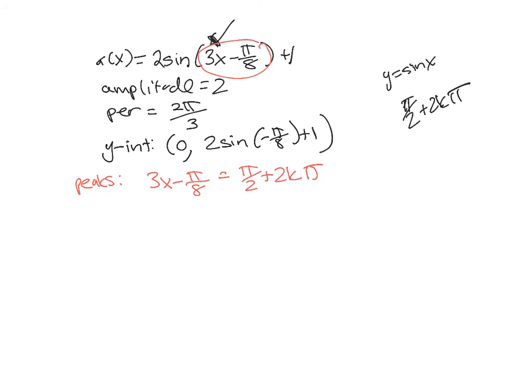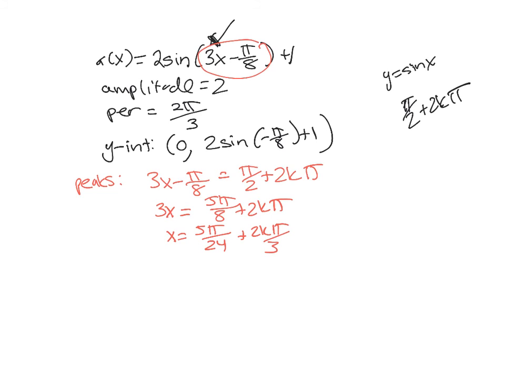So to do that, I'm going to add pi over 8 to both sides. So I've got 3x equals, adding pi over 8, 5 pi over 8 plus 2k pi, and then divide both sides by 3. So my peaks occur every 5 pi over 24 plus 2k pi over 3.